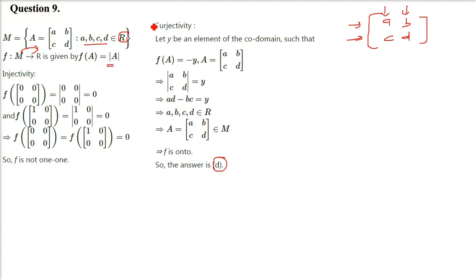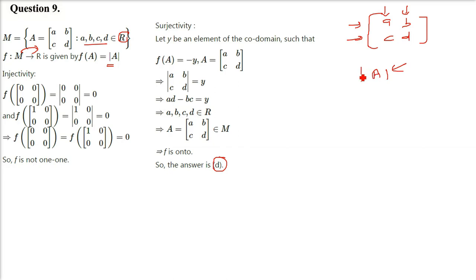So this determinant, because I'm saying the answer is D, how do I get to this? First of all, we'll prove that this is not 1 to 1. 1 to 1 means what? Every x value should have a unique y value, or you can say every unique value of y should correspond to a pre-image which is a unique x. Got it? I hope you got the idea.